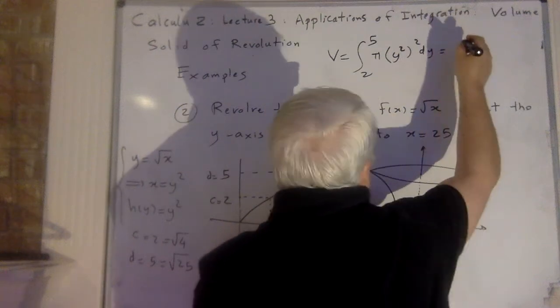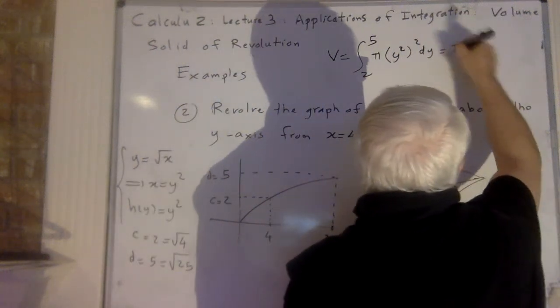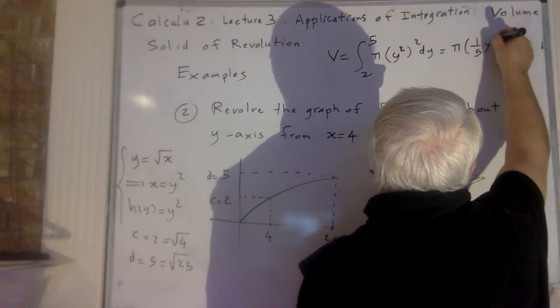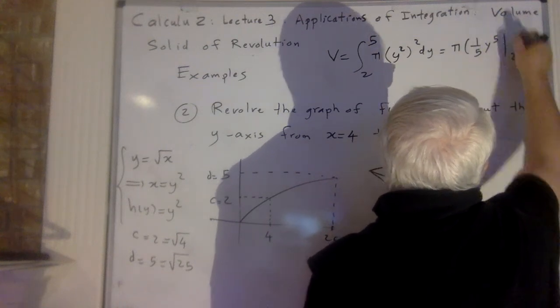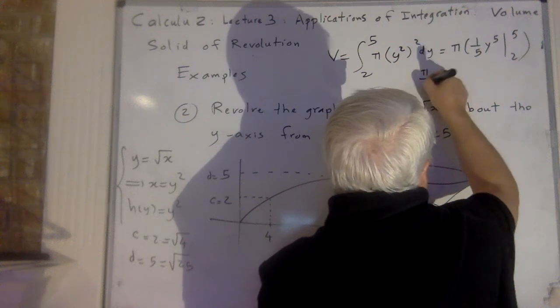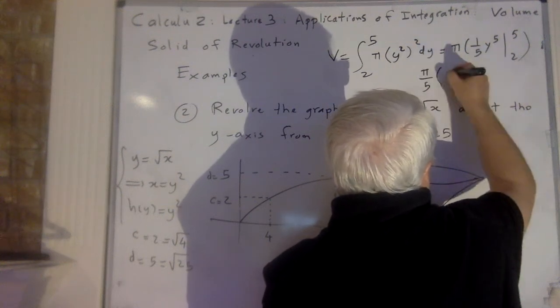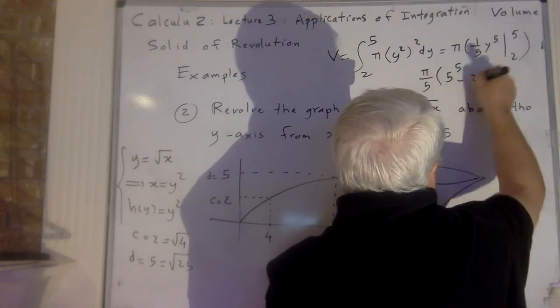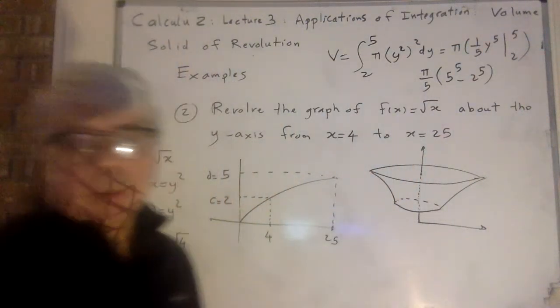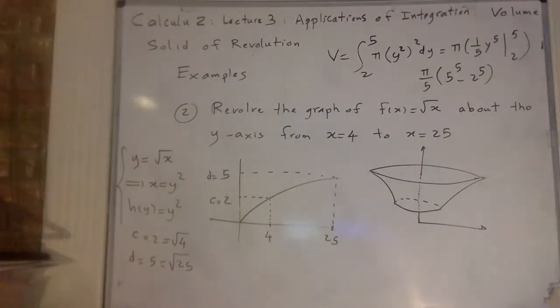So that is pi, that is y to the fourth, so that is 1/5 y to the fifth from 2 to 5. So I have pi over 5 times 5 to the power 5 minus 2 to the power 5. Well, you can just leave it like that. If you need an approximate value, you can raise it to power 5 and subtract, and you have the exact volume.